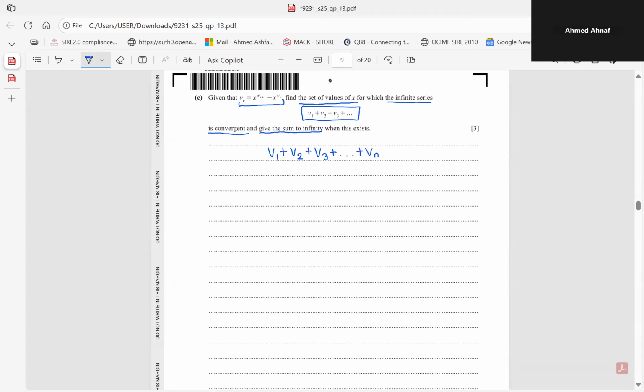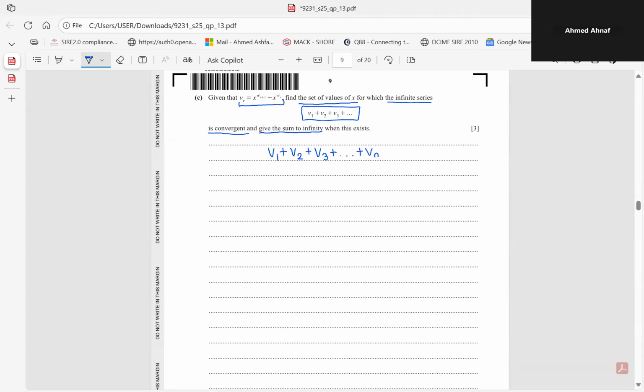Okay. And now we can figure out what is the set of values of x for which this will be convergent. Basically what they mean by convergent is: as n approaches infinity, will this whole expression approach a finite value or not?